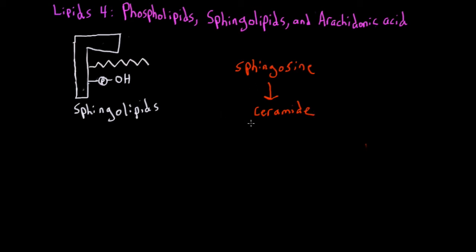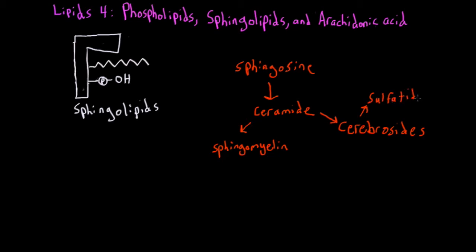So we can get sphingomyelin, we can get cerebrosides, and then from cerebrosides we can get even more products. So we can get what's known as sulfatides, and finally we can get globosides and gangliosides.